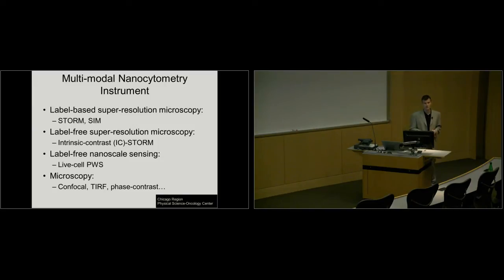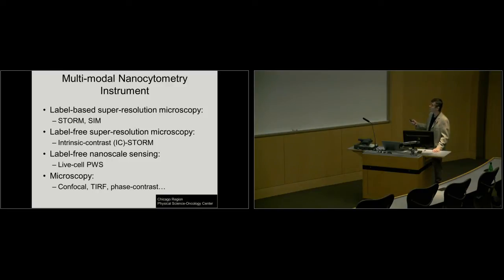One of the instruments that is available is a multimodal nanocytometry instrument which combines label-based super-resolution microscopy techniques such as STORM or structured illumination microscopy, so state-of-the-art label-based imaging, but it also combines label-free super-resolution microscopy, IsoSTORM. I will quickly mention this later today.